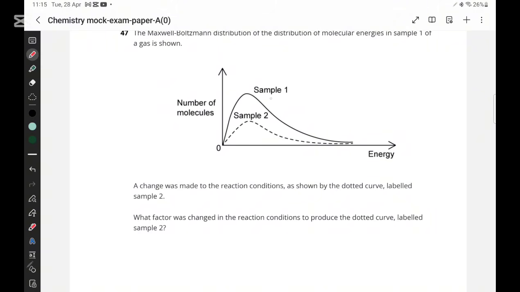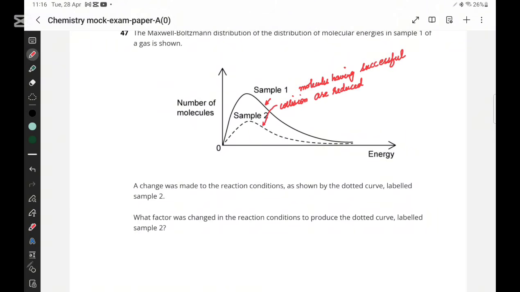They are saying it was sample 1, but what conditions have changed when it comes out to be a lower curve? As it is the lower curve, that means the successful collisions are reduced, meaning the molecules having successful collisions are reduced.